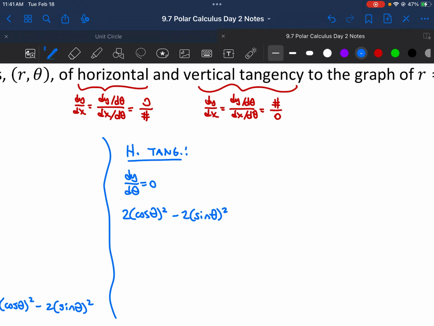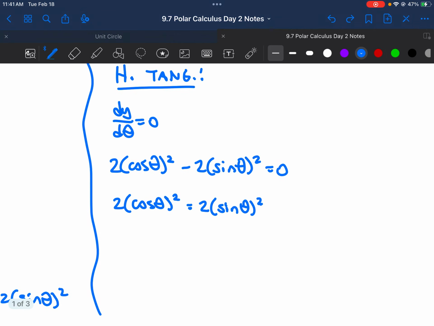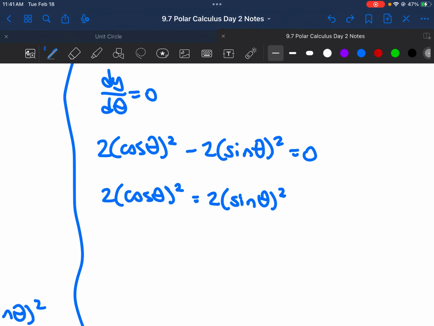I'm going to add the 2 sine of theta squared to the other side. Then I'm going to divide both sides by 2 cosine of theta squared.